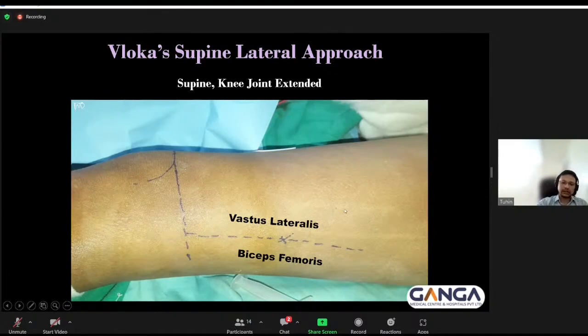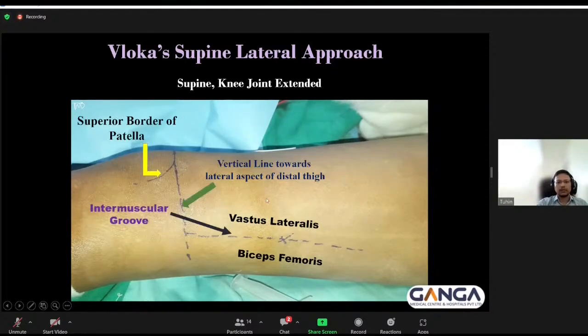So the patient lies in supine position, the knee joint is extended and in neutral position or slightly flexed. The superior border of the patella is first identified, then a vertical line is drawn on the lateral aspect, and the groove between the vastus lateralis and biceps femoris is palpated.